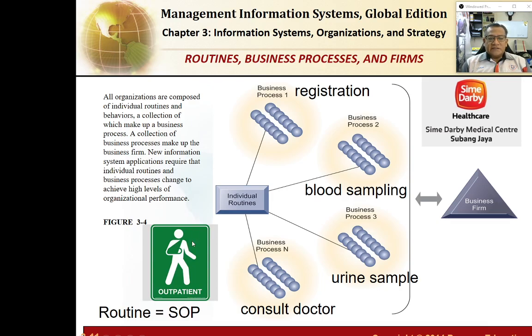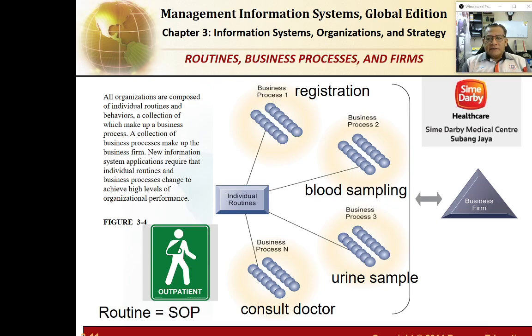So this outpatient is considered an individual routine. First, the business process is that the outpatient needs to register himself or herself. After getting registered, the next business process is to take a blood sample, all right?